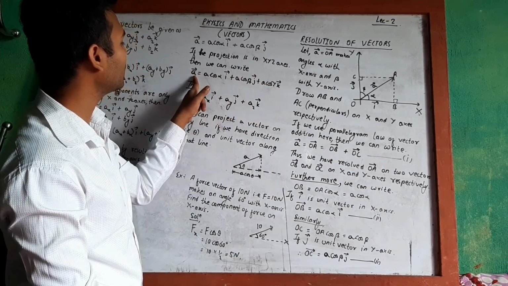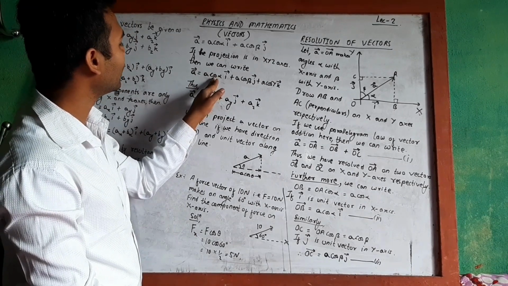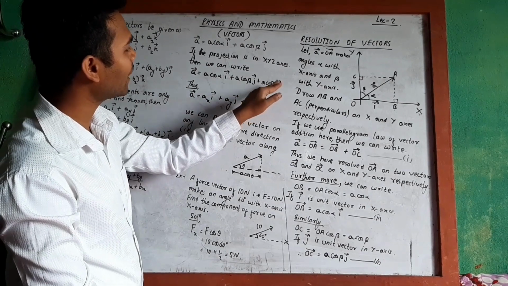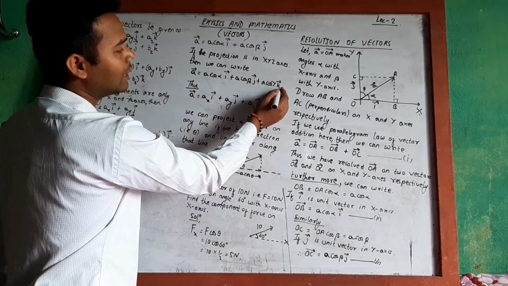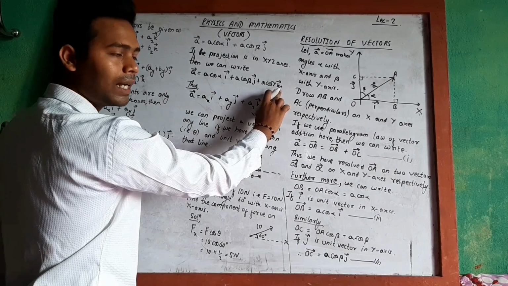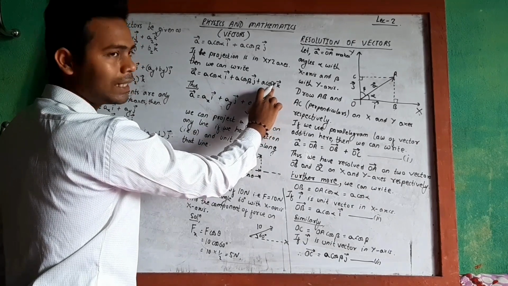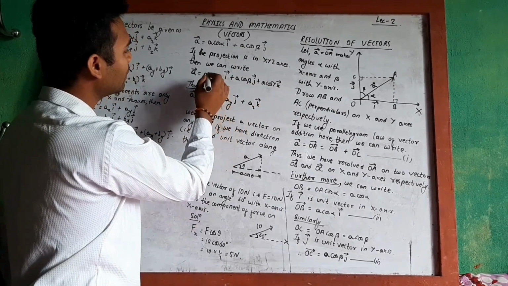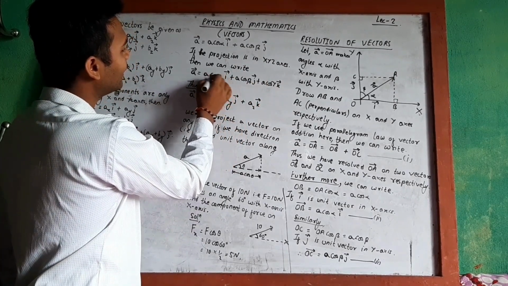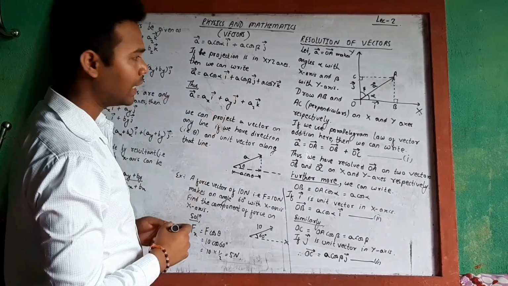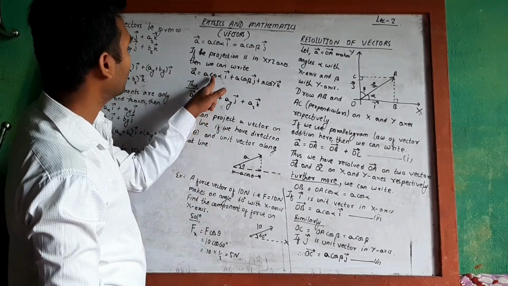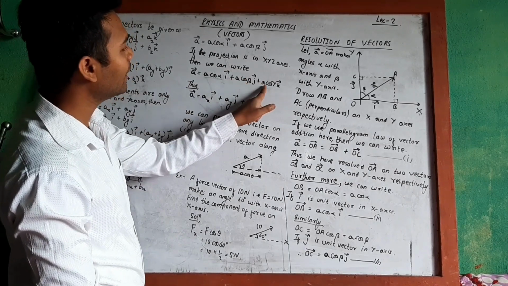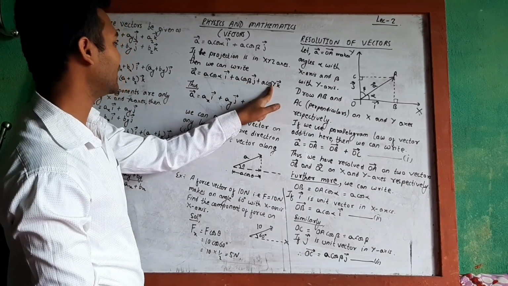That's why the a vector can be written as a cos alpha i vector plus a cos beta j vector plus a cos gamma k vector. Here the k vector is the unit vector along the z-axis, and gamma is the angle made by the a vector with the z-axis. Here a cos alpha is known as the x component, a cos beta as the y component, and a cos gamma as the z component.